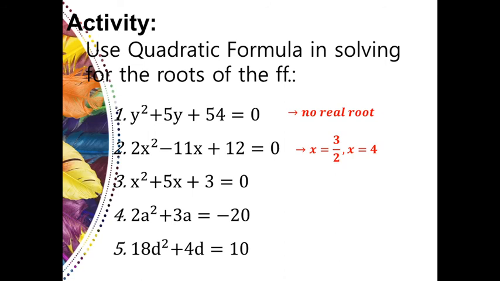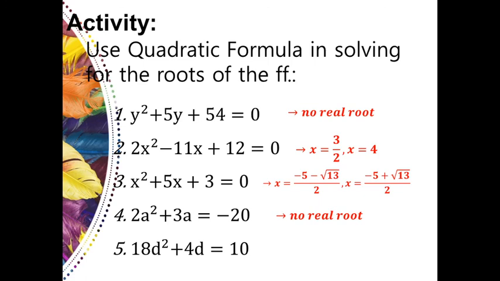How about number 3? What is your answer? Correct. We have negative 5 minus square root of 13 over 2 and negative 5 plus the square root of 13 over 2. How about number 4?